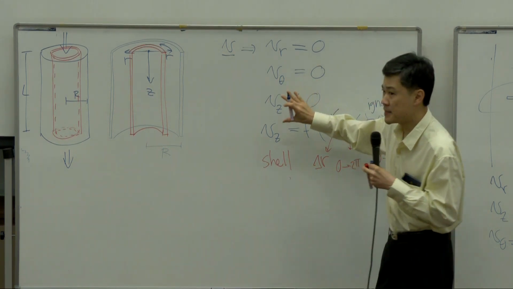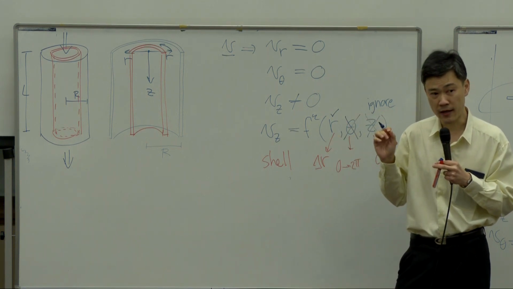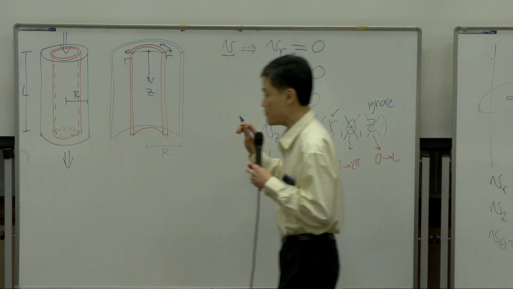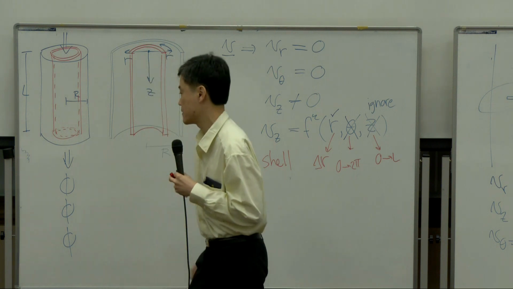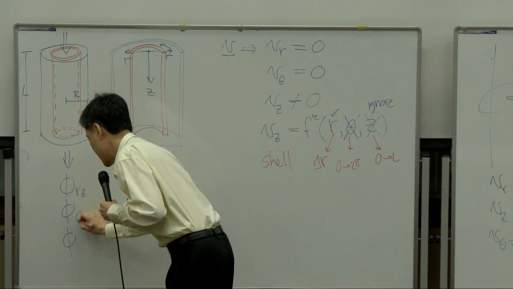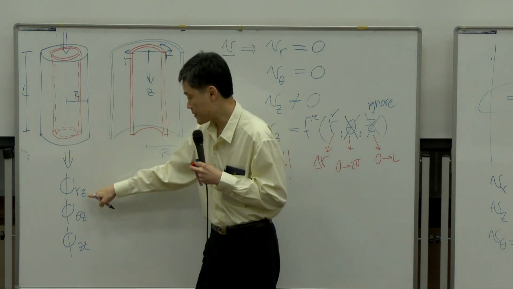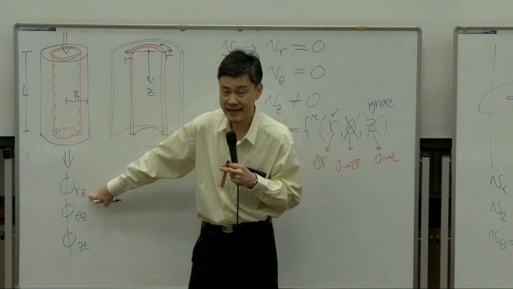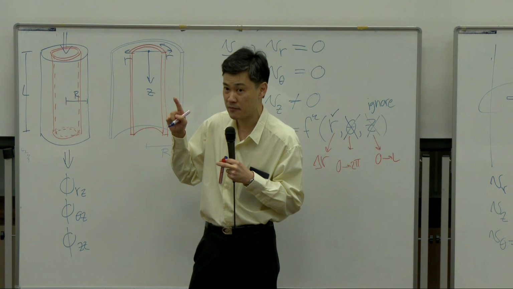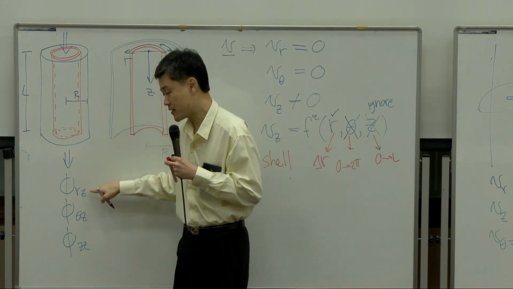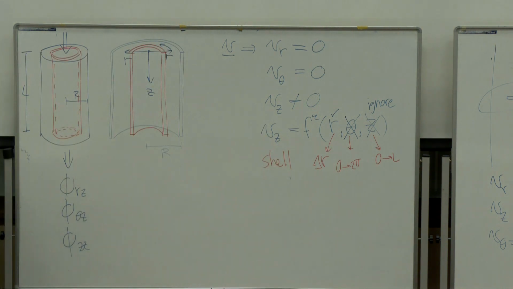Now, since we have Vz only, that means we now have z momentum only. For z momentum, we will consider 3 of the fluxes: rz, theta z, zz. As I said, the second subscript dictates the direction of the momentum. So if we have z momentum, we consider all fluxes with the second subscript to be z. All right?